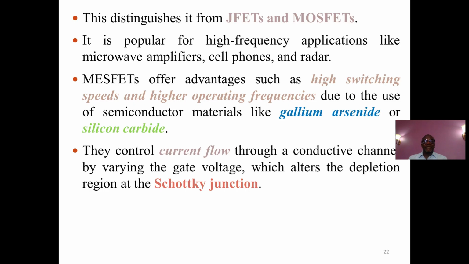Also, this MESFET offers advantages such as high switching speed and high operating frequencies due to the use of semiconductor materials like gallium arsenide or silicon carbide. They control current flow through a conductive channel by varying the gate voltage, which alters the depletion region at the Schottky junction.